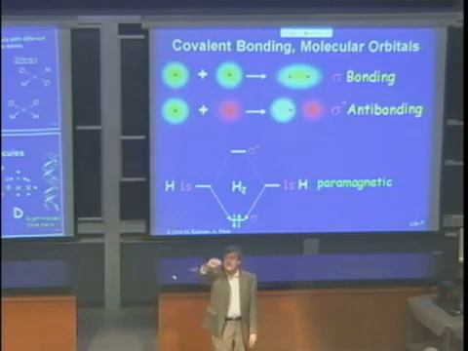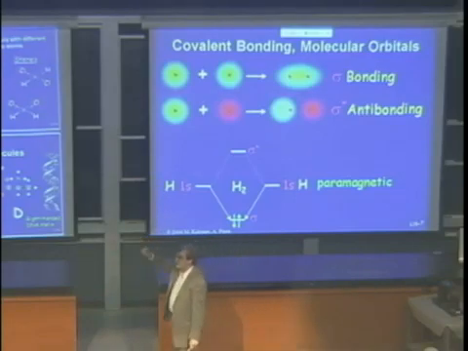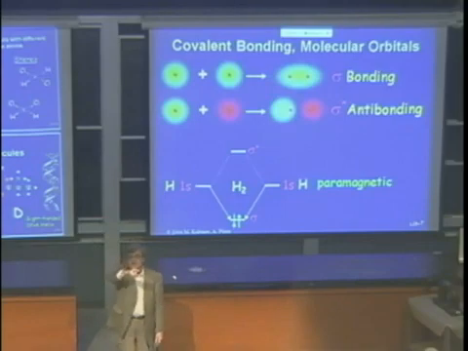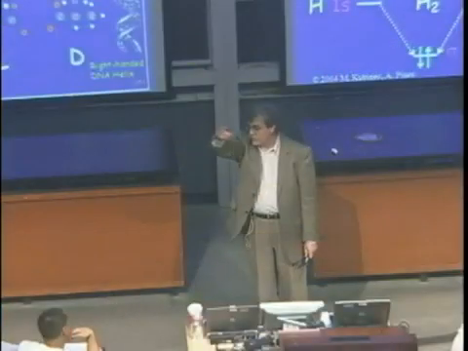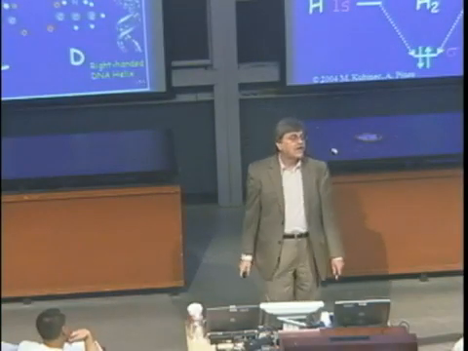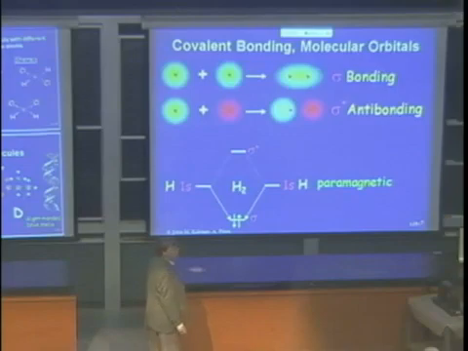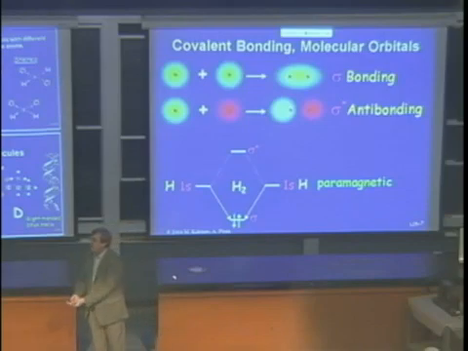Now comes the next thing. You remember when we had these mesomeric structures, where nitrate has 3 mesomers, the alternating structures. We were talking there about bond order. Now I'm going to give you an even better definition. Bond order is the number of bonding electrons minus the number of anti-bonding electrons, divided by 2.